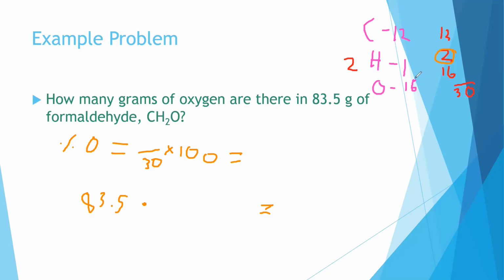So percent oxygen, you have to look at the mass. The mass is 16 because there's one oxygen atom and each oxygen atom is 16. So 16 over 30 times 100 is 53.33%, and changing it to a decimal is 0.533.